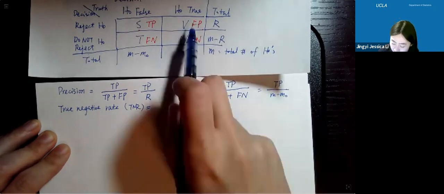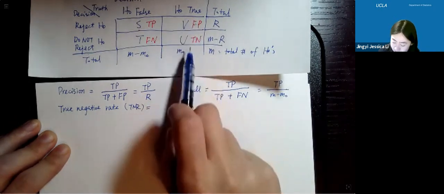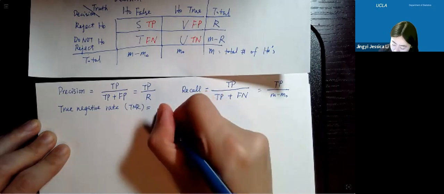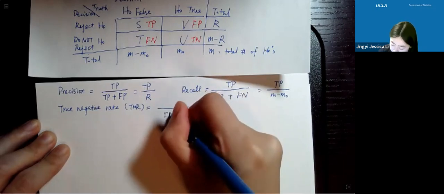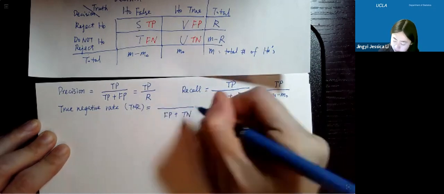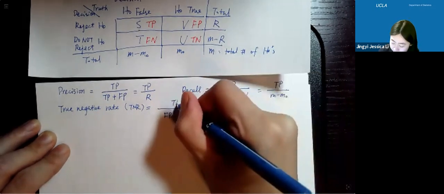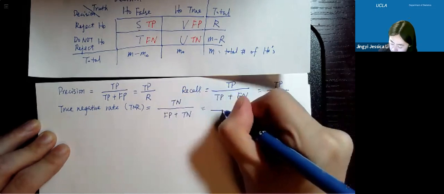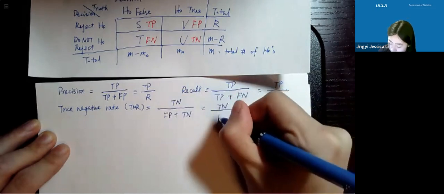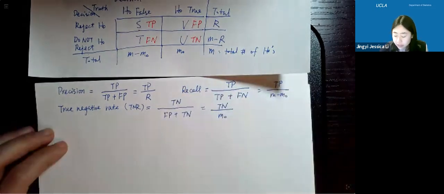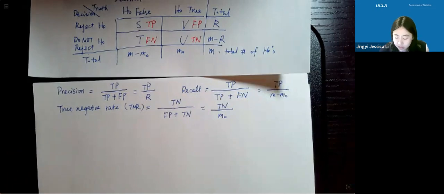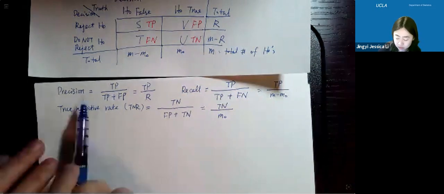The negatives that are true are here, the second column, so it's FP plus TN. Among which, how many do we call as negative? That's TN. So in other words, it's TN divided by M0. That's true negative rate.